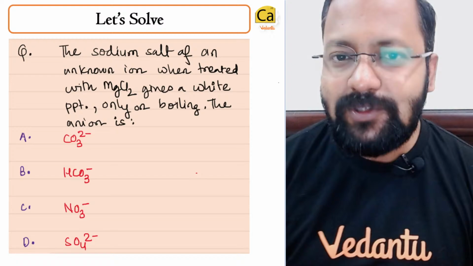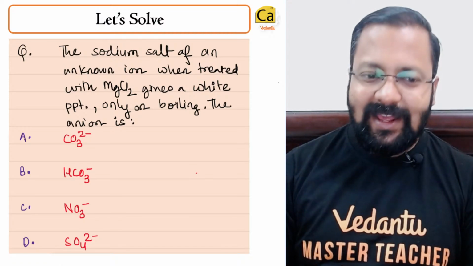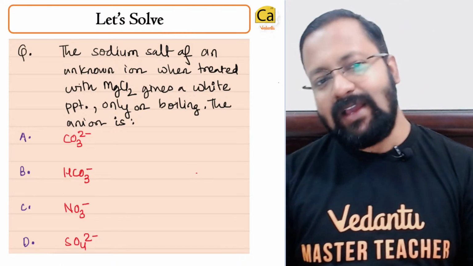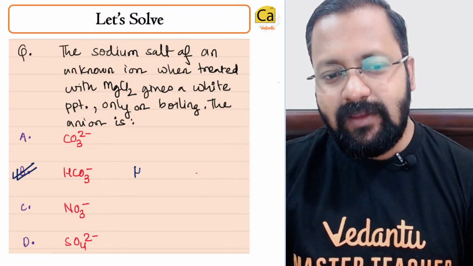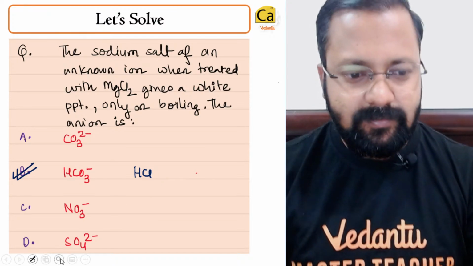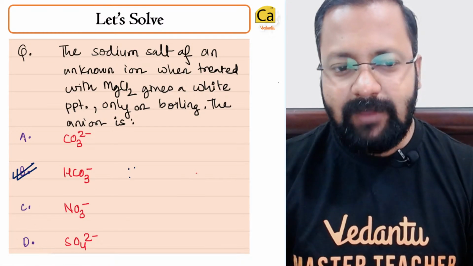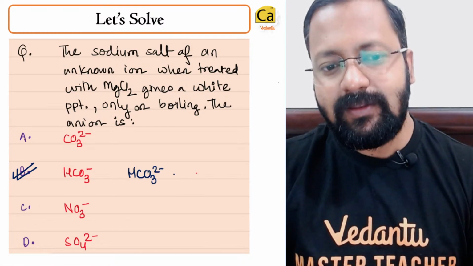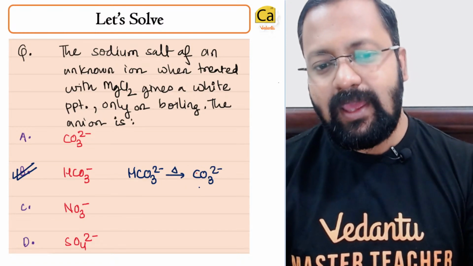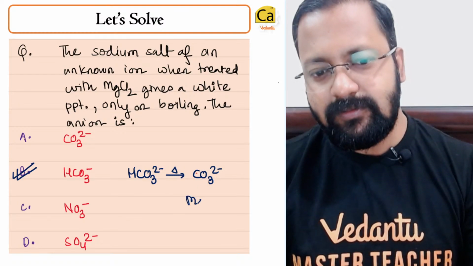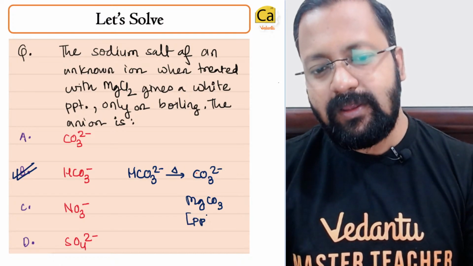The right answer guys is the bicarbonate, because when you treat bicarbonate and you heat it, you will get CO3 2 minus and MgCO3 will be obtained as a precipitate.